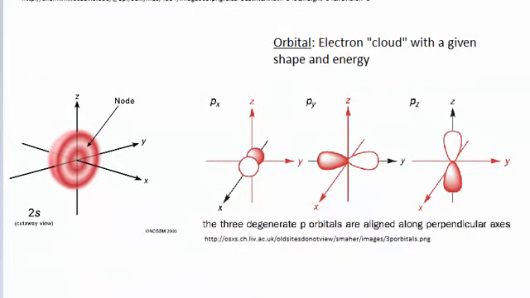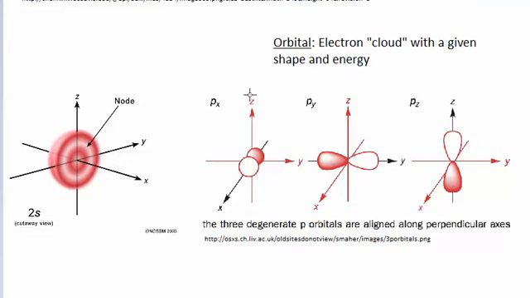Remember, s orbitals are spherically symmetric, which means they just have a spherical shape, and these p orbitals are dumbbell shaped or figure 8 shaped. So that's what we mean when we say they have a shape. So s is spherical and p is dumbbell shaped.